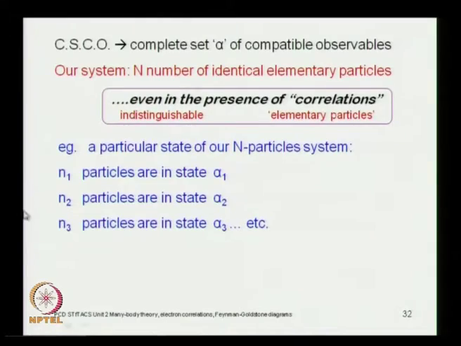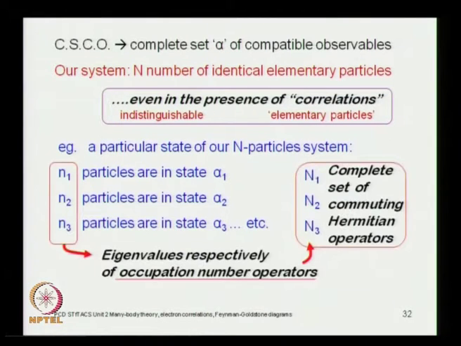So, you will have n1 number of particles in the state alpha 1, n2 particles in state alpha 2 and so on. So, this will be our description of the n particle system, and this is the way you would describe the system of indistinguishable elementary particles, whether they are fermions or bosons, but then of course the statistics is different. So, these are obtained as eigenvalues of a complete set of commuting Hermitian operators.